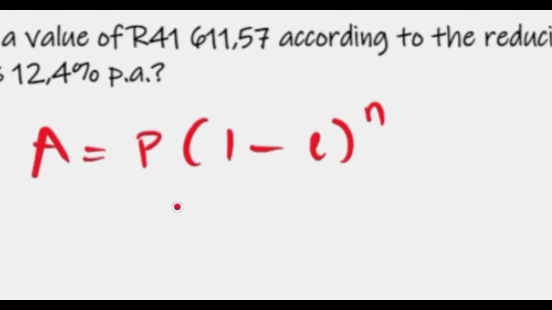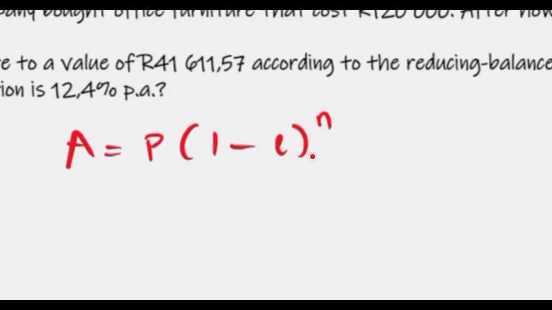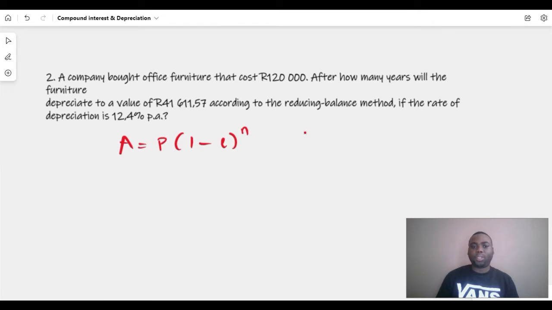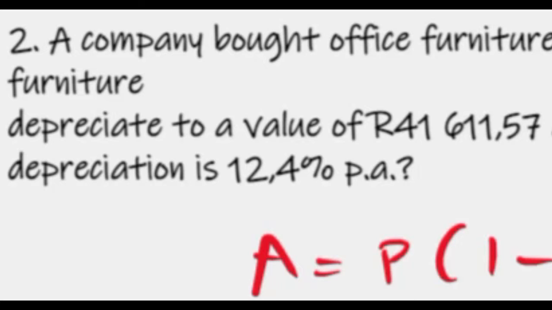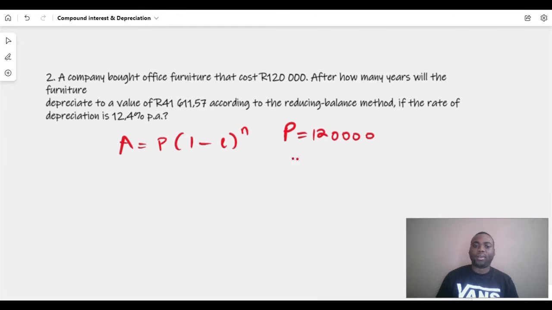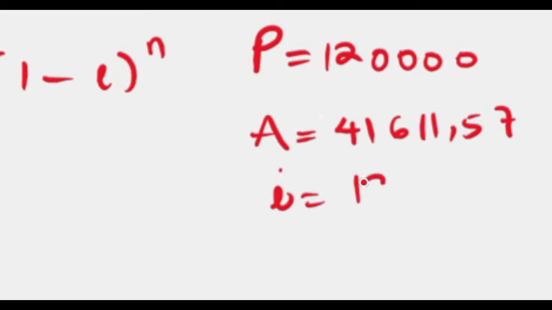All we need to do is to find out the individual values, what your A, what your P, what your i, what your n is, and whichever of those values we do not have is what we're going to try to find. The company bought furniture of 120,000, so it means that our P is 120,000. It depreciated to 41,611 Rand. Now that should be your A. The rate is 12.4%. So it means that the only thing that we do not have is how long it's going to take, which is our n.